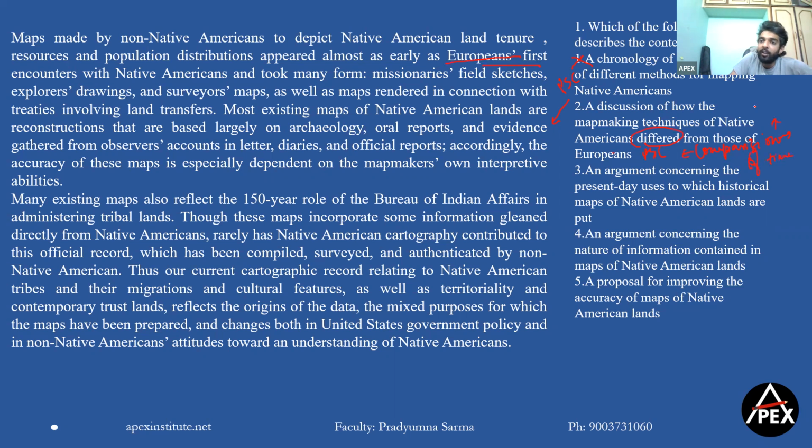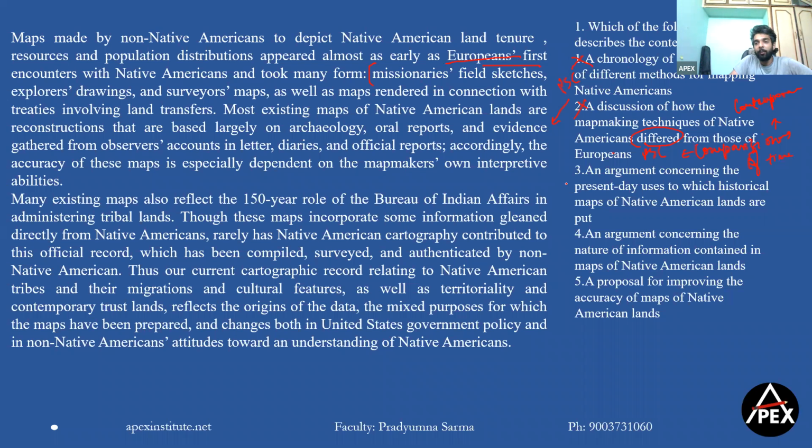Yes, they just told that these two things, Native American map making and European map making, were contemporaries. Okay, there's nothing that showed difference between these two. Okay. Now, in fact, we also spoke that both of these together had some kind of first encounters which took many forms. So together they made some kind of different things like missionaries' field sketches, and all of it. Okay. So we can reject this answer as well.